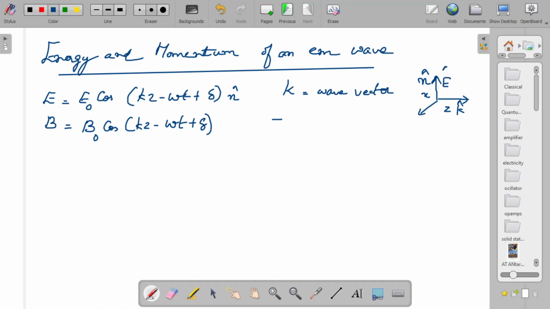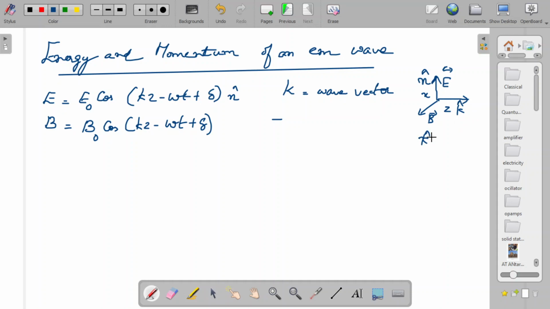If this is the electric field vector, then obviously the magnetic field vector B should be in a direction perpendicular to both E and z. That means the direction of B should be perpendicular to n and k, and perpendicular to n and k is actually k cross n.